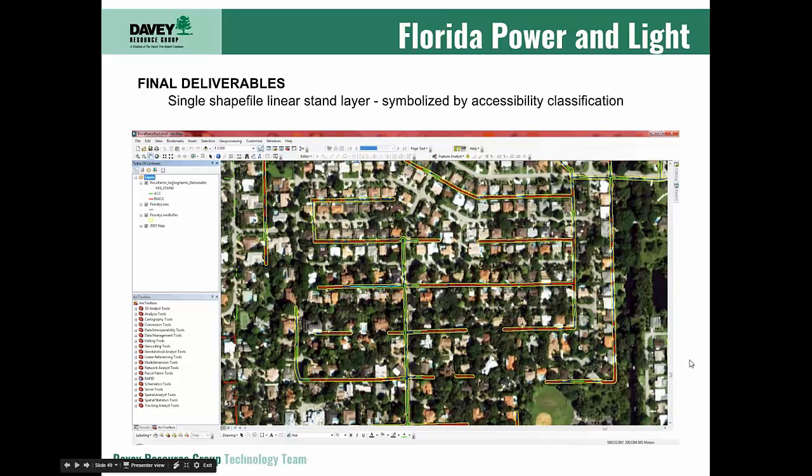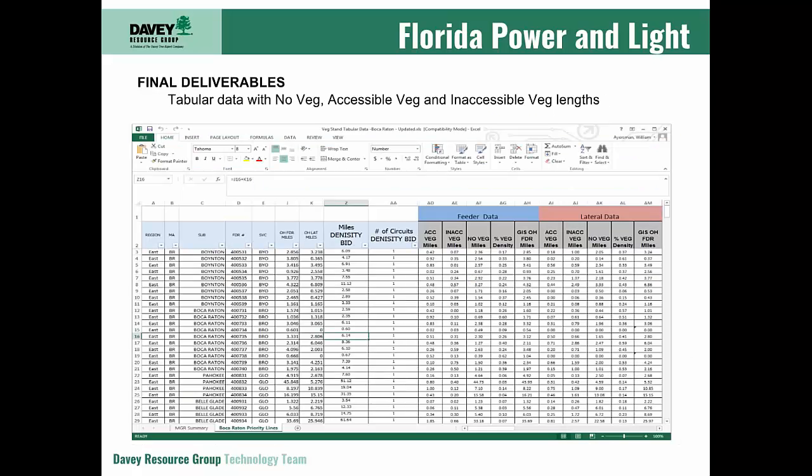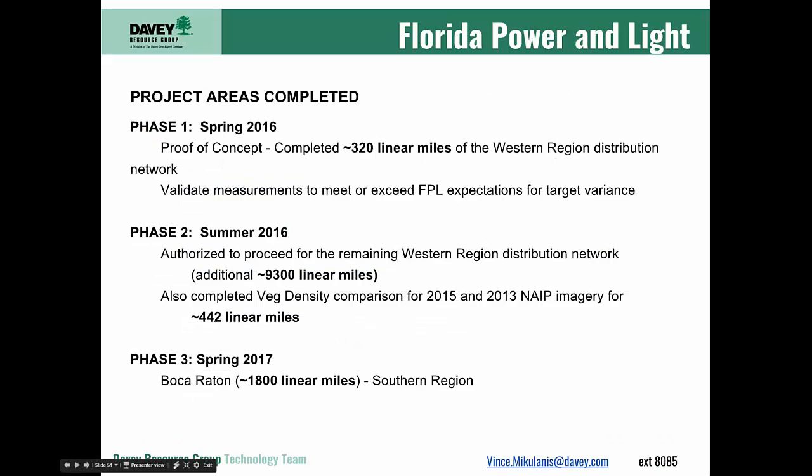We're also able to provide a data table which shows the same information and summarizes it by each circuit. And what's a little hard to see on this slide, they were able to get all of the information that's displayed on the map into a data table that they can provide to their contractors for bidding purposes. And next slide.